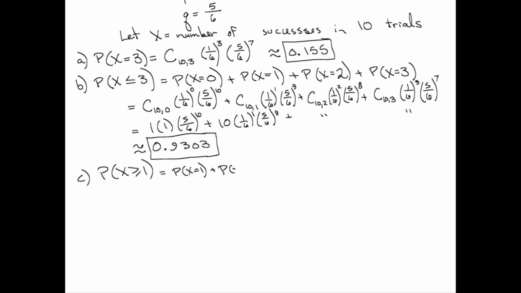We could have exactly 2 successes. We could have exactly 3 successes. We could have 4. You see the pattern here. How far up are we going to have to go? Well, we have 10 trials, so we're going to have to repeat this all the way up until we get to 10. For every single one of these, you're going to have a separate formula that you have to calculate.